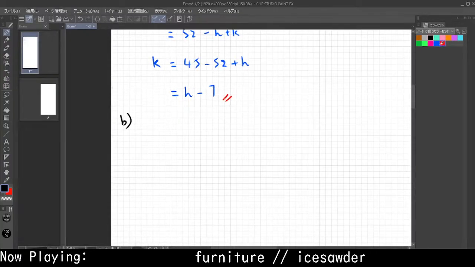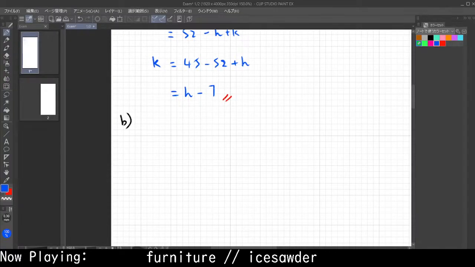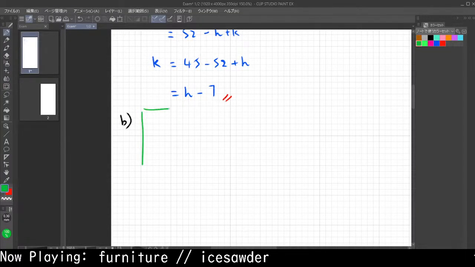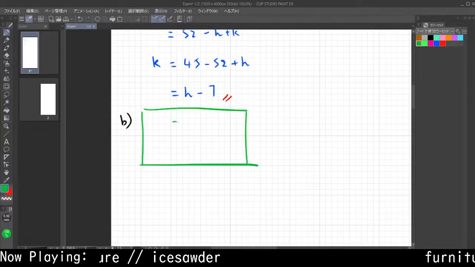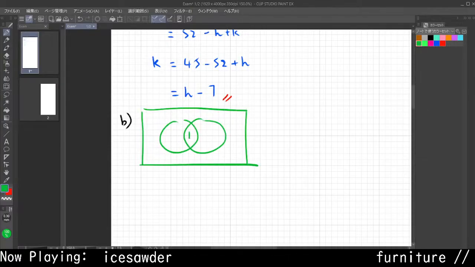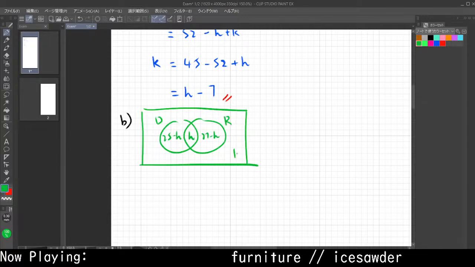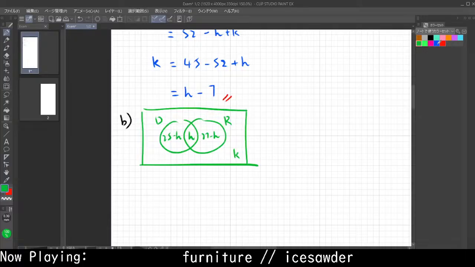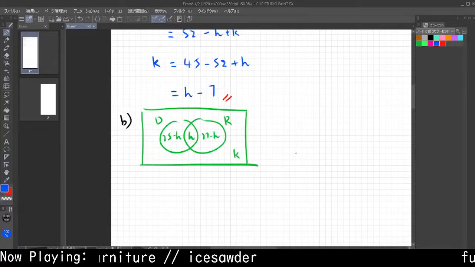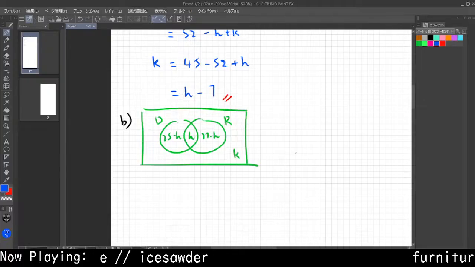In your Venn diagram, let's recall it over here. What we have is two portions, your h, 25 minus h, this is durian, 27 minus h, this is rambutan, and then you have your k over here. So in order to make our k minimum, we want to see how h can be.